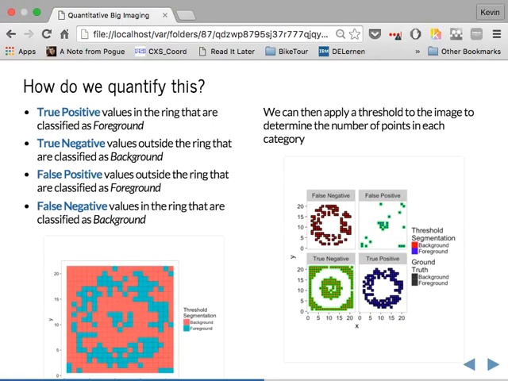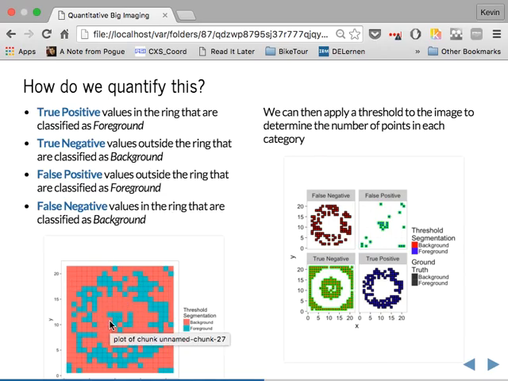So in the ring that are classified as foreground. True negatives are values that are outside of the ring that are classified as background. False positives are values that are outside of the ring that are classified as foreground. And false negatives are values in the ring that are classified as background.